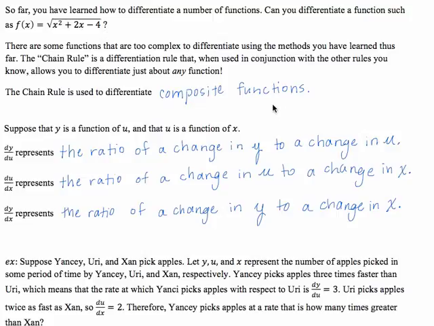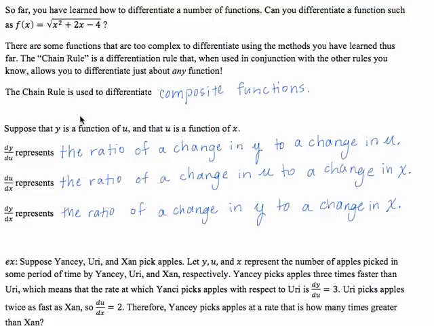That is, when you have a function inside of another function, the chain rule is used in conjunction with the other rules. And this will allow you to differentiate just about any function. So we're going to look at the y(u)(x) version of the chain rule.